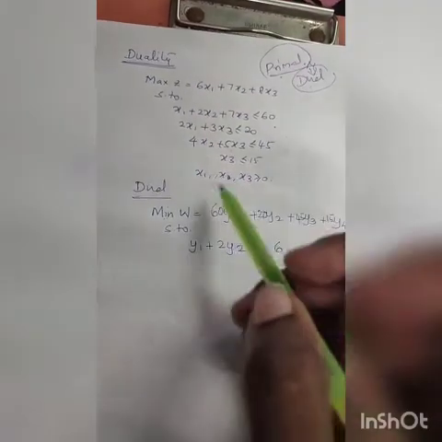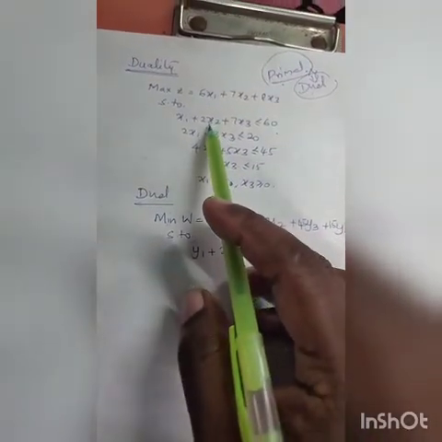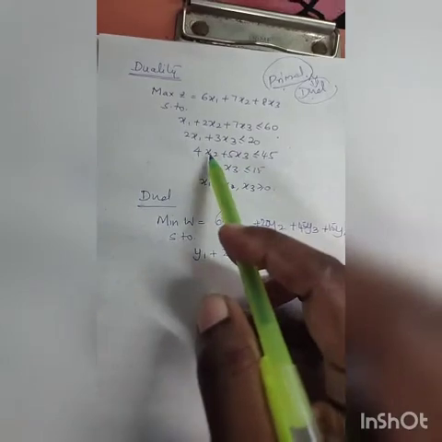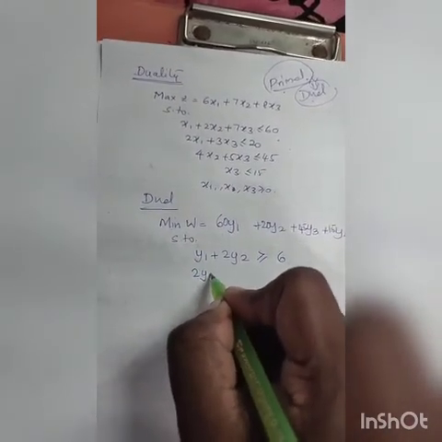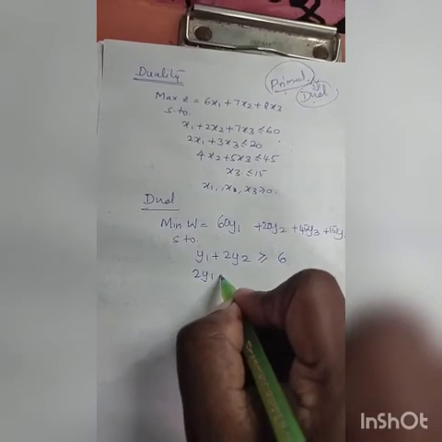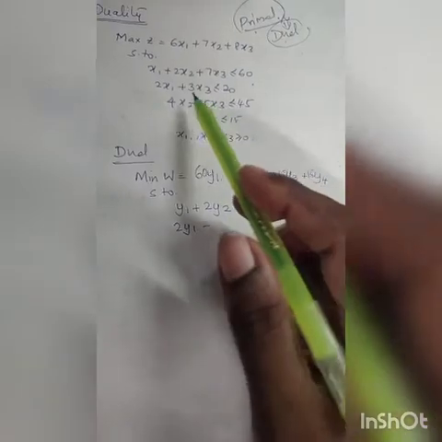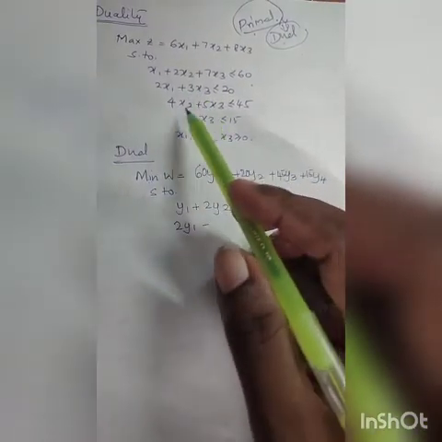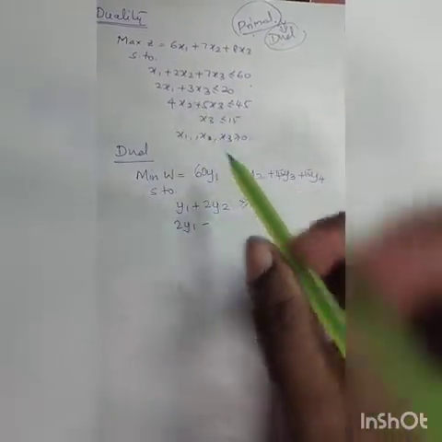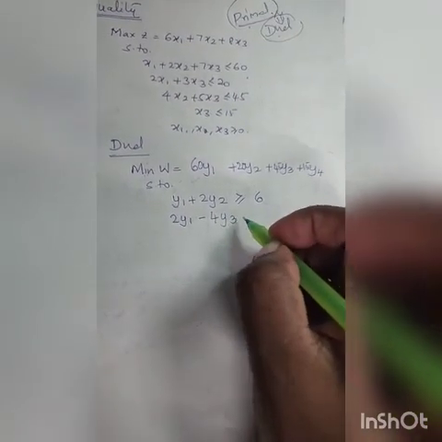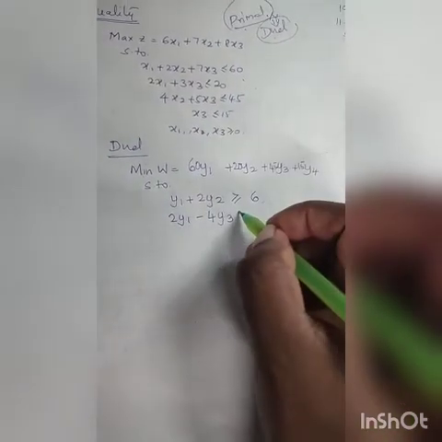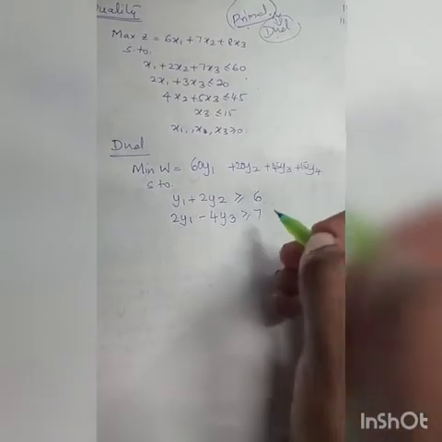Second one, x2: 2y1, there is no x2 here so we leave it, you have an x2 here so it will be 4y3, there is no x2 here, therefore this is greater than or equal to 7.